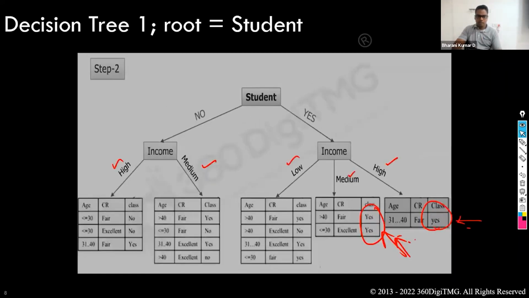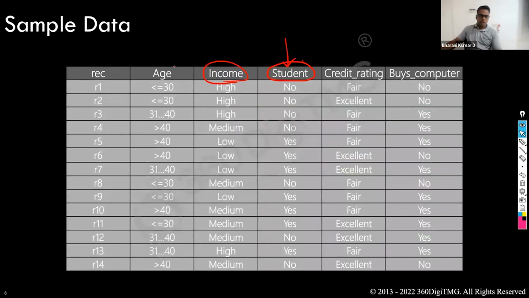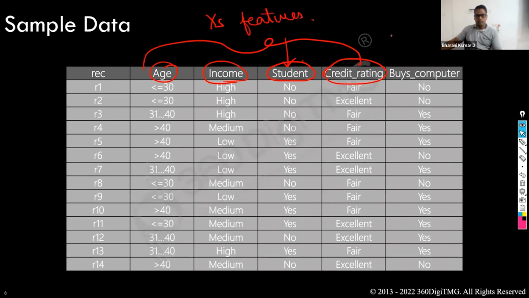If this is the data set, these are your features or inputs, and this is your output variable. Which feature I should choose as a root node depends on which of these has high information.